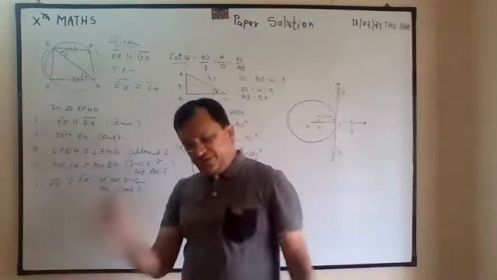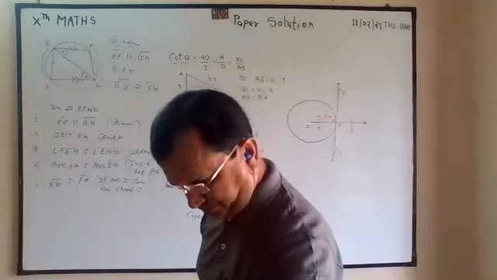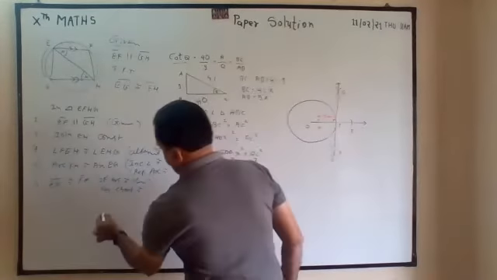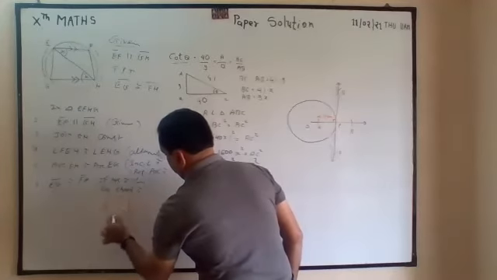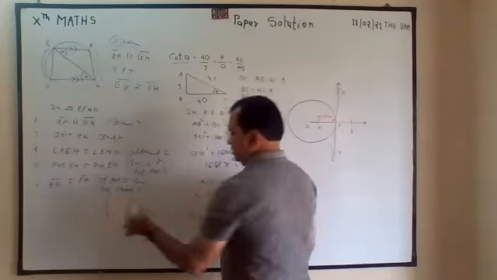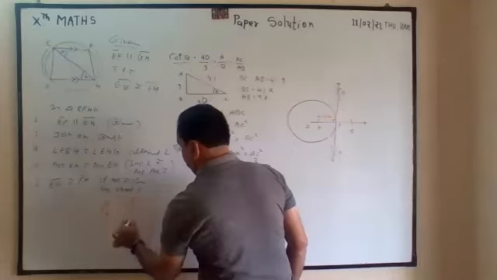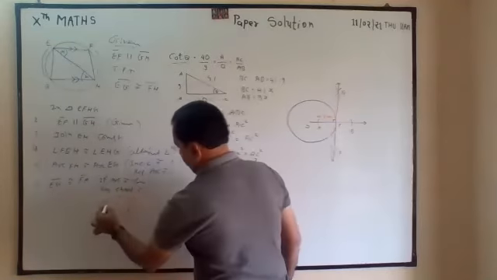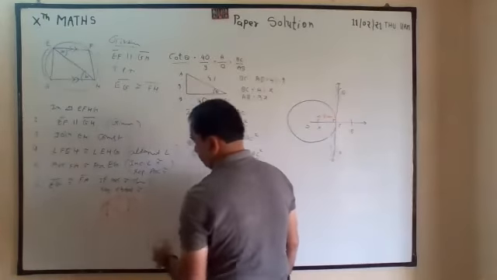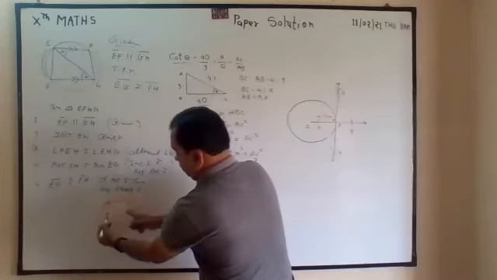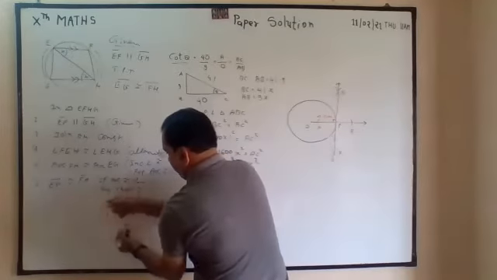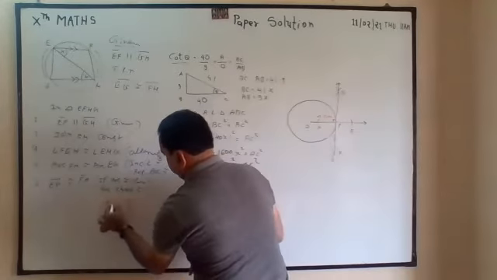They can ask the reverse. If these two are congruent, then these arcs are also congruent. Then draw this. Chords are congruent, arcs are congruent. Arcs are congruent, inscribed angles are congruent.